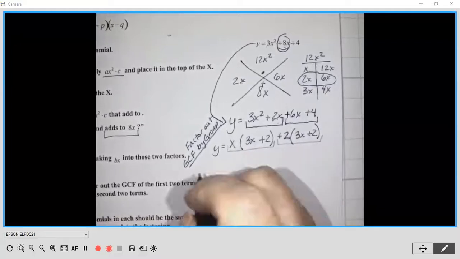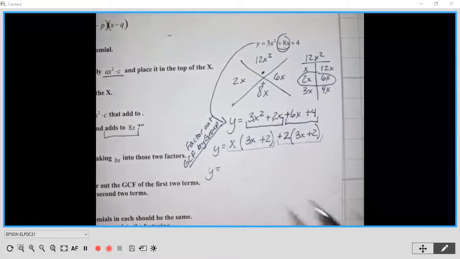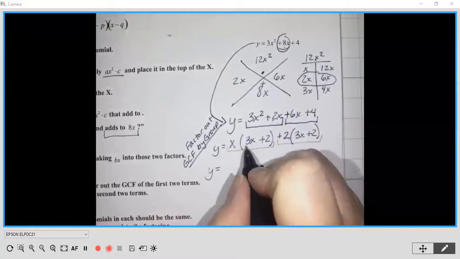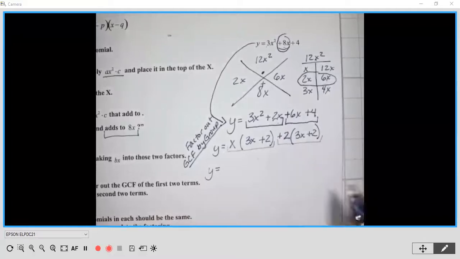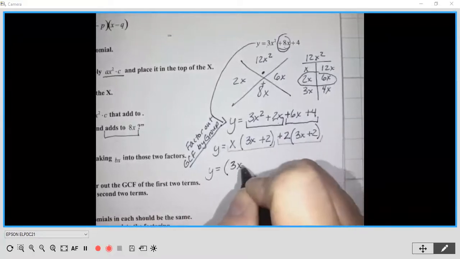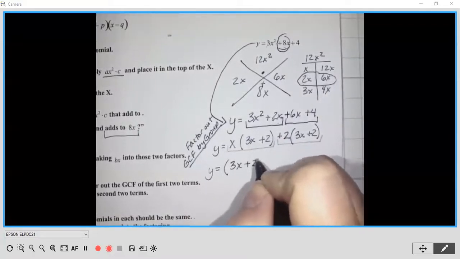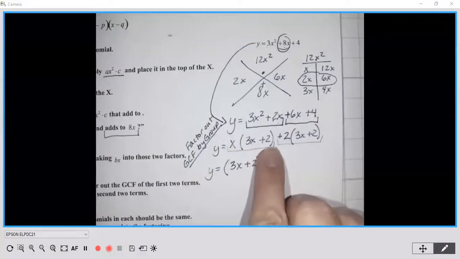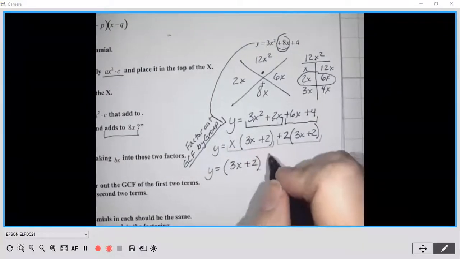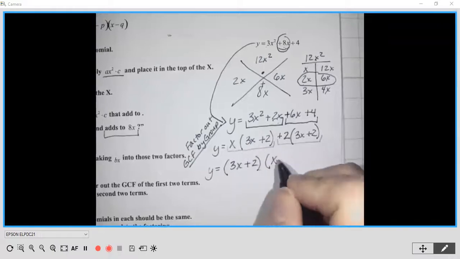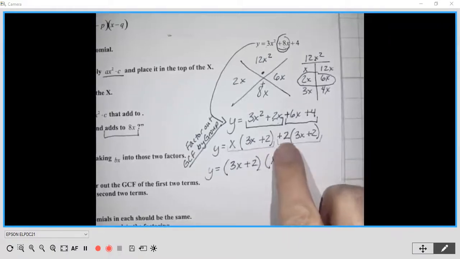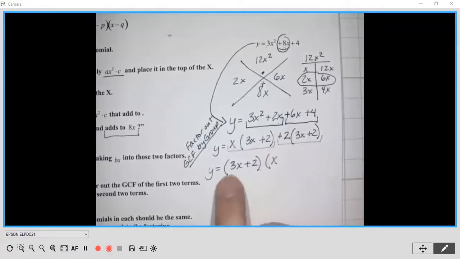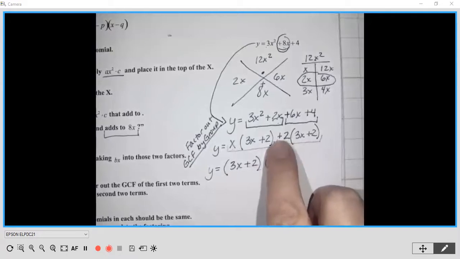So now I'm going to bring down my y equals, and I'm going to factor out the 3x plus 2 from each of these terms. When I go to my first term and I factor out the 3x plus 2, what's left over? x. And when I factor out my 3x plus 2 from my second term, what's left over? Plus 2.